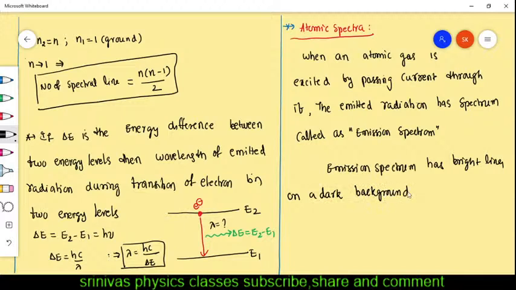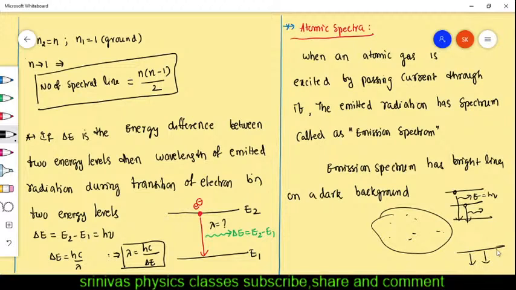How is it released? For example, this is a gas with some atoms. You can pass some current and excite all the electrons. All the excited electrons go to a higher energy state, and then they come back to the ground state, and during that, energy is released. The energy released forms the bright lines in the dark background. That spectrum is called the emission spectrum.